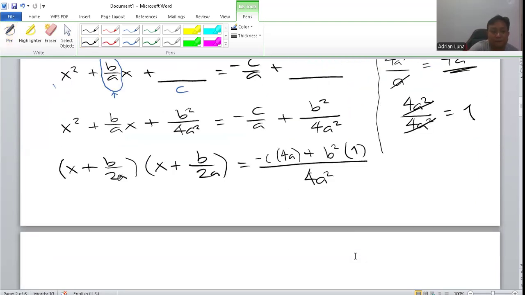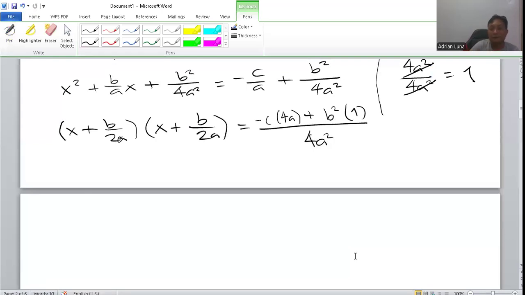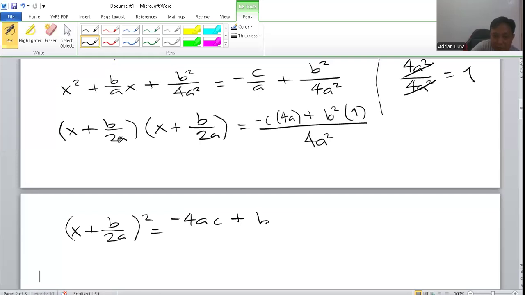And yung left-hand side ng equal sign can be simplified to this: x plus b over 2a, parenthesis natin, then squared natin. And the sum of the dissimilar fraction earlier, simplify natin to: negative c times 4a, we have negative 4ac plus b squared times 1 is equals to b squared all over 4a squared.